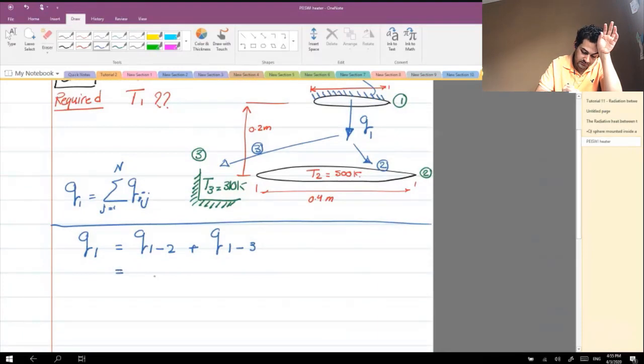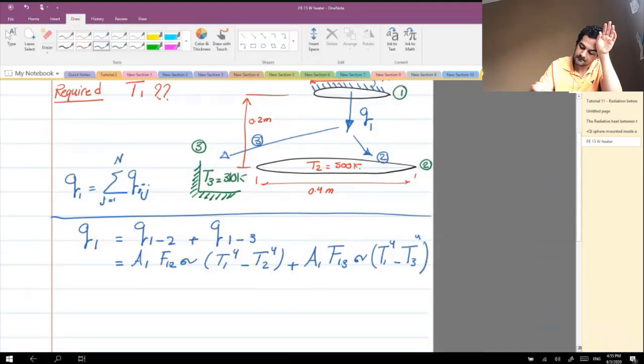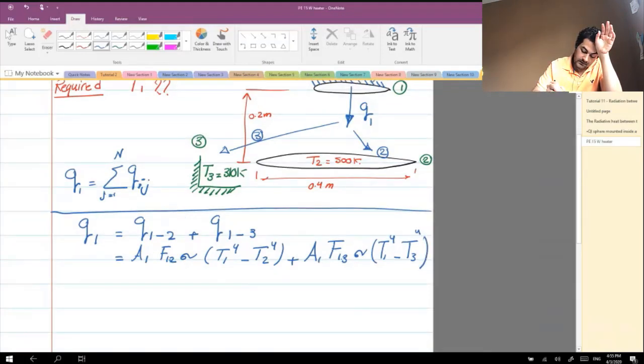So these Q's are going to be A1 F12 sigma (T1 to the power 4 minus T2 to the power 4) plus A1 F13 sigma (T1 to the power 4 minus T3 to the power 4). Right. So what is given and what is not given here? Q1 is given to you as 15 watt.